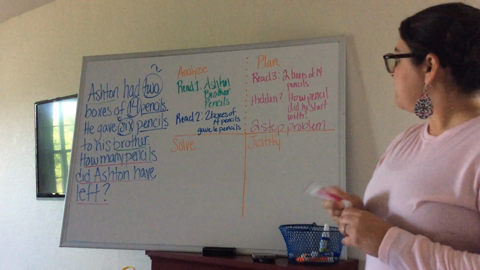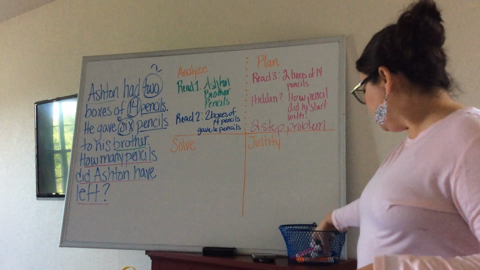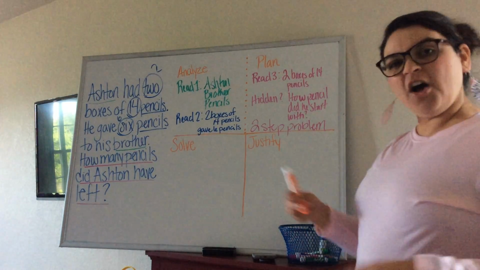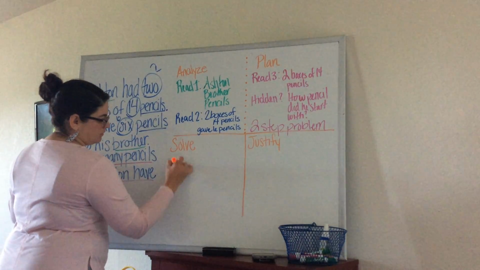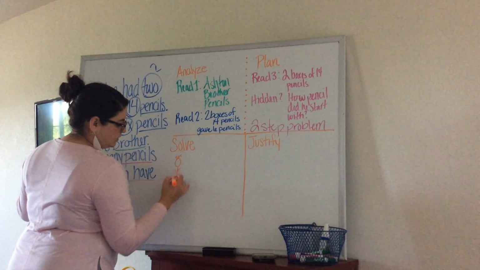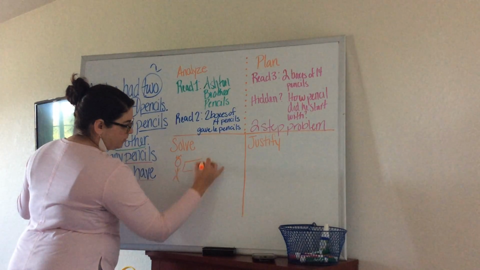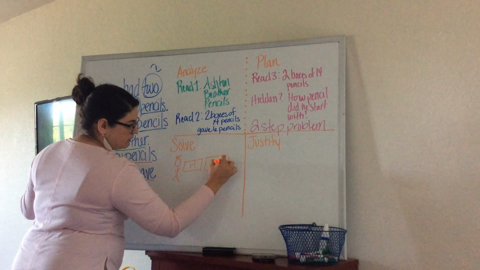So, Miss Morales loves to draw pictures. Y'all know that. So, I'm going to decide to solve with pictures. So, I know we have Ashton. And y'all know I can't draw, right? So, here's my little Ashton. He has 2 boxes with 14 in each.